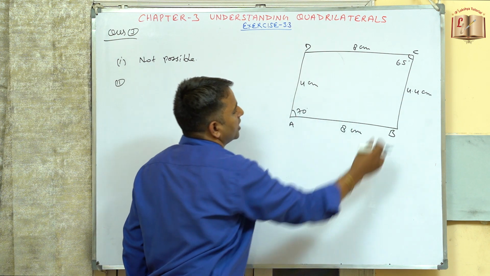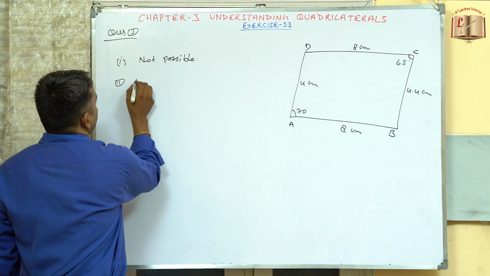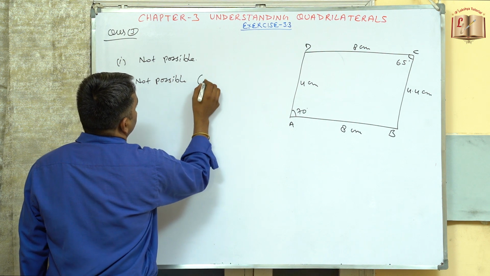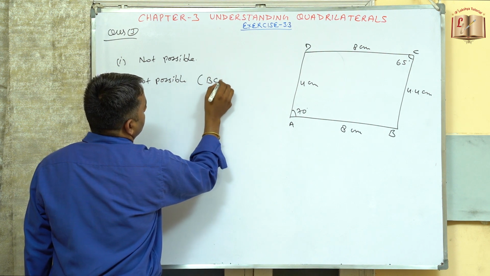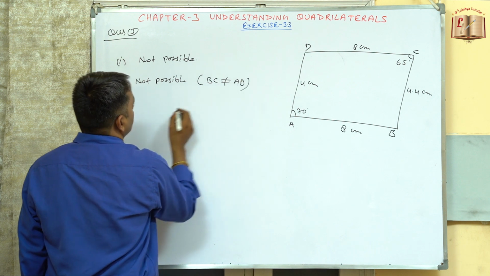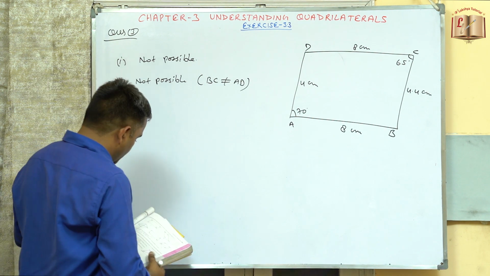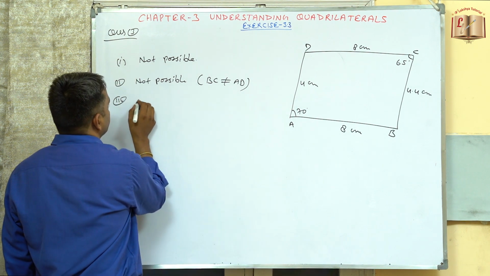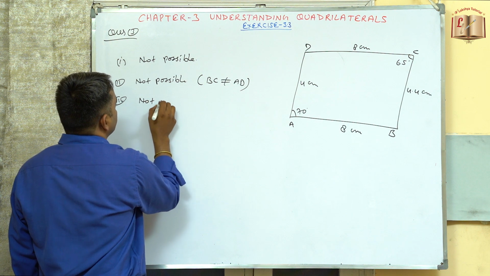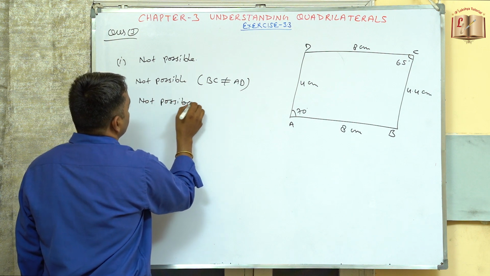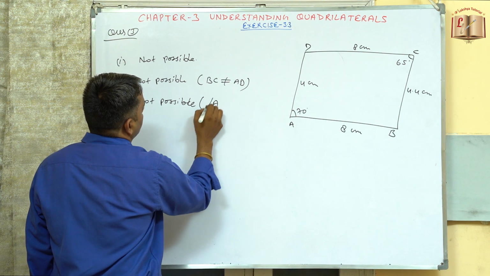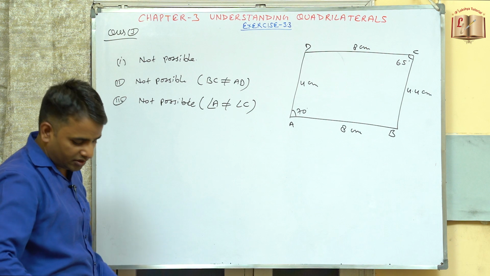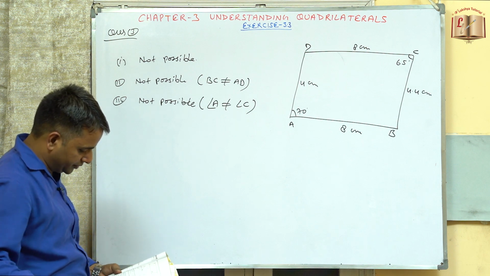Here it is 4 and this is 4.4, not possible because BC is not equal to AD. Now coming to the third part, angle A equals angle C. So this is again not possible because angle A is not equal to angle C, because opposite angles are equal in case of a parallelogram. So angles are not equal.